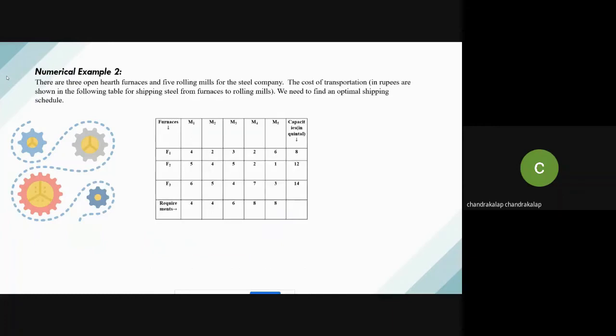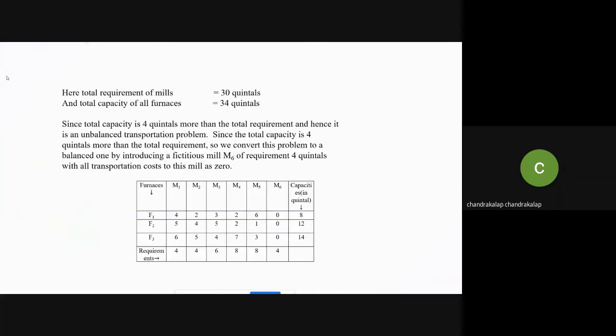This is the second example. Here we have 3 open hearth furnaces and 5 rolling mills for a steel company, and the cost of transportation is shown in the following table. For shipping the steel from furnaces to rolling mills, we need to find the optimal shipping schedule. Here, when we see the problem, the total requirement of the mills is 30 and the total capacity is 34. This is unbalanced transportation.